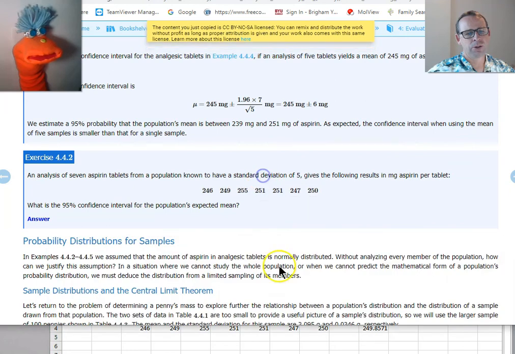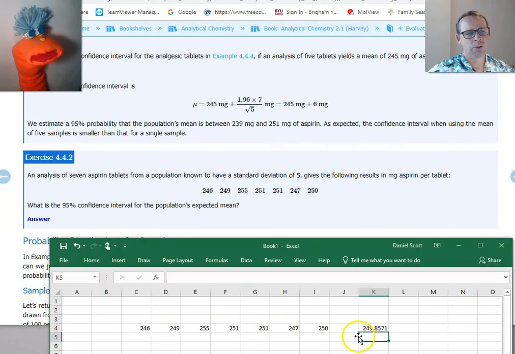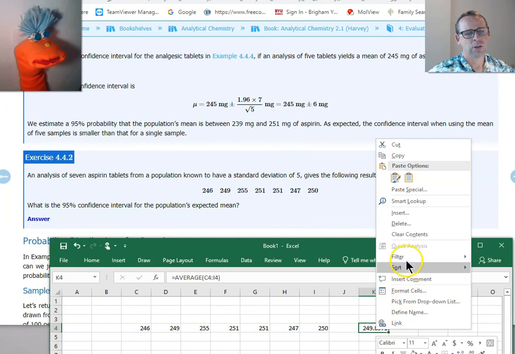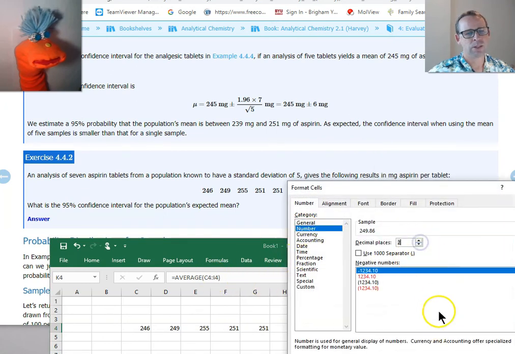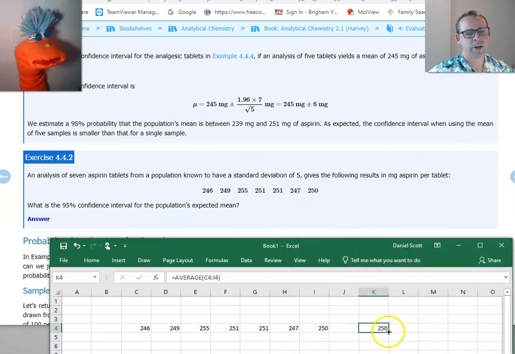Well, I think that's pretty much it. All we need there was the average. So you got 249, and you got 3 significant digits, so it's 250. Very good. I can format this cell to give me no decimal places. There we go. So it'll round it for me. I can make sure I label this average.